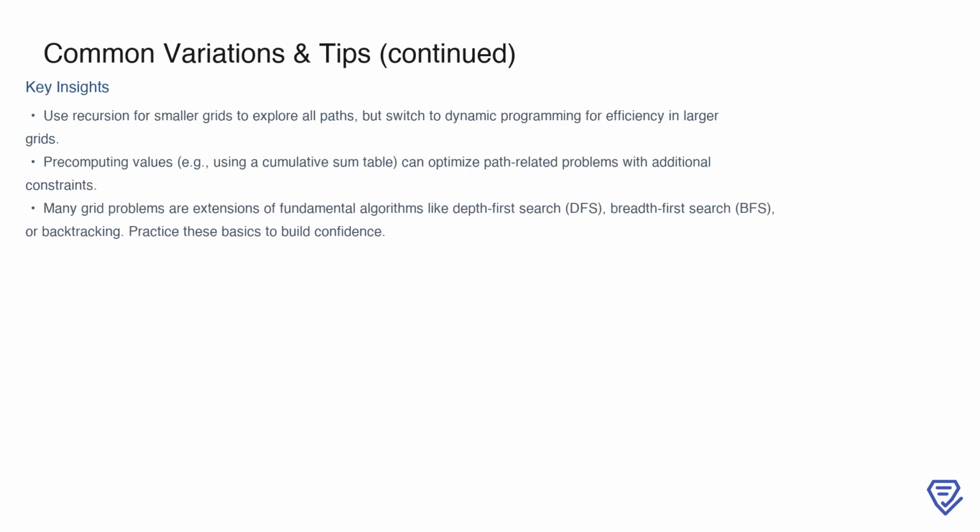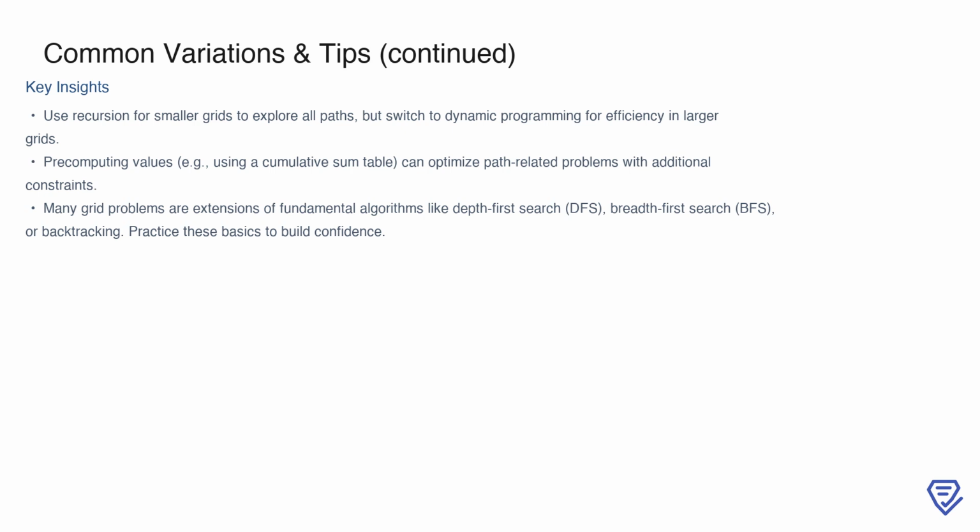To wrap up, here are some key insights to keep in mind. For smaller grids, recursion is a practical way to explore all possible paths. However, as the grid size increases, switching to dynamic programming becomes essential for efficiency. Pre-computing values, such as using a cumulative sum table, can be a powerful optimization when dealing with additional constraints in path-related problems.